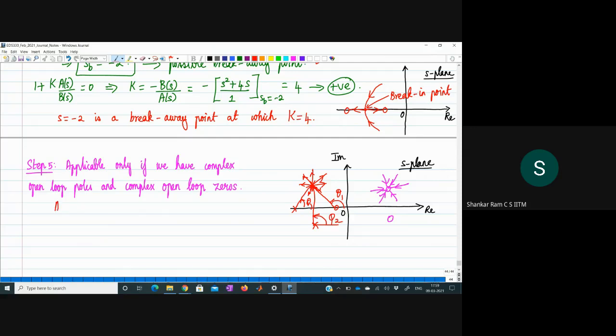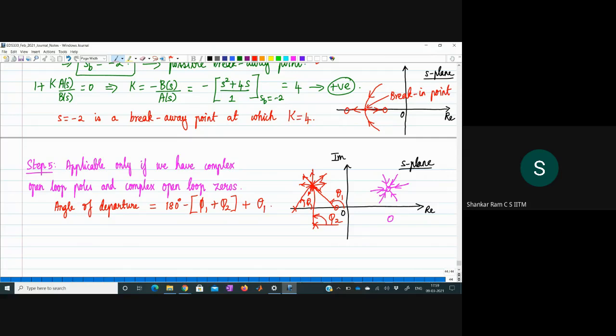Then the angle of departure, according to that formula, is going to be 180 degrees minus the angles of the vectors drawn from other open loop poles to this open loop pole, which are φ1 plus φ2, plus the angle of the vector drawn from the open loop zero to this pole, which will be θ1.